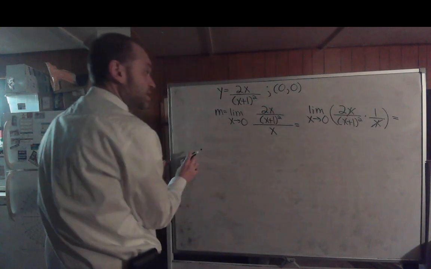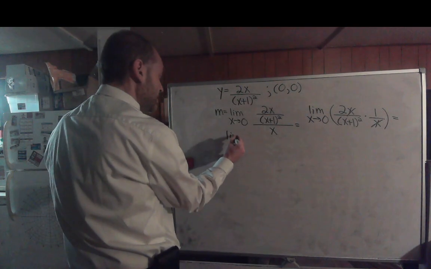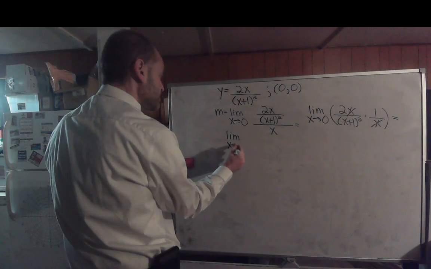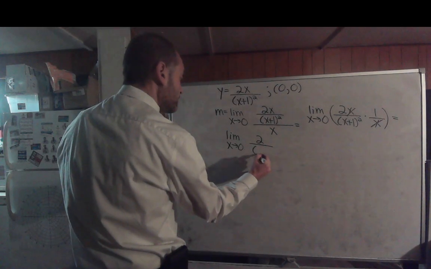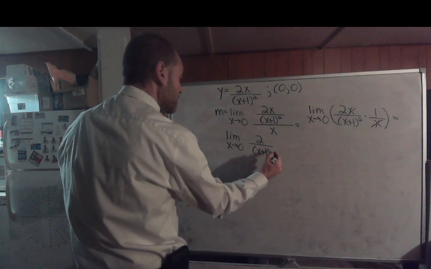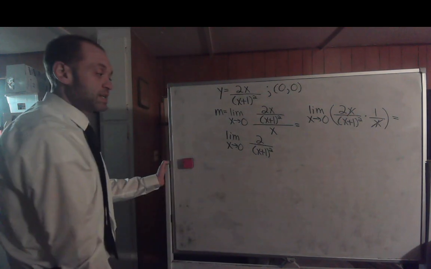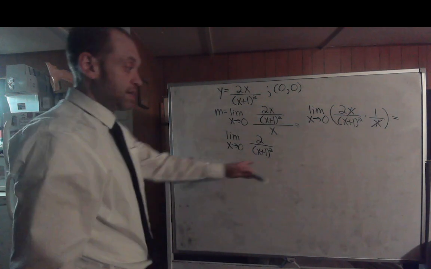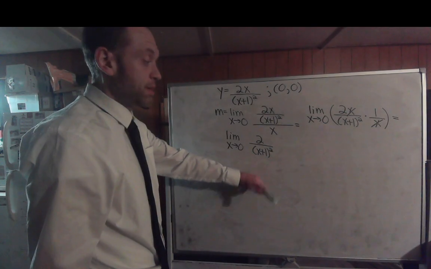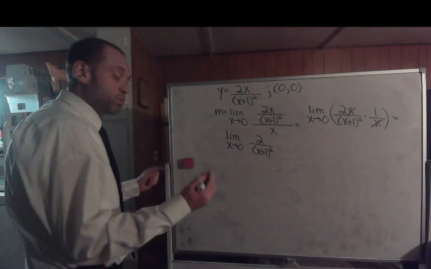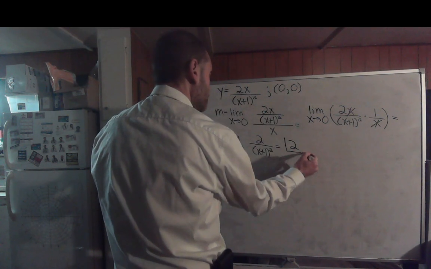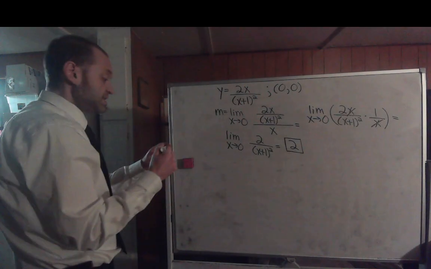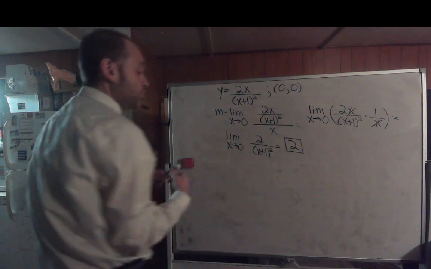This would just turn into the limit as x approaches 0 of 2 all over (x plus 1) squared. Now we can do direct substitution. In the denominator, 0 plus 1 squared would just give you 1 squared, which is 1. So you end up getting 2, which is your slope and the instantaneous rate of change at that point.